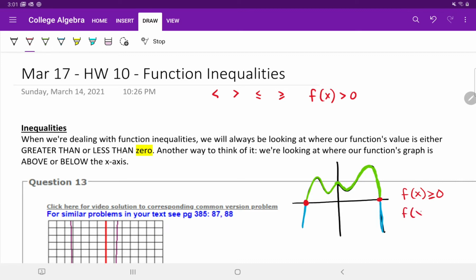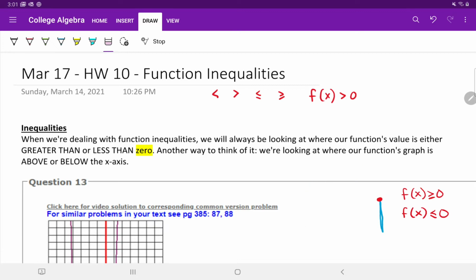If I wanted to find all the x values where f of x is less than 0, I would want the area to the left of this red dot or to the right of this red dot, but nothing in between, and I wouldn't want to include the red dots. However, if instead I wanted to find this, then I would include the red dots and these directions as well. So that's just conceptually what we're looking at.